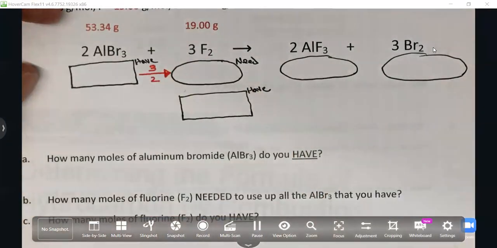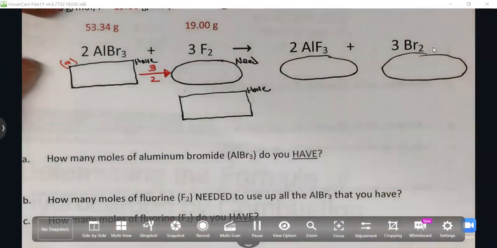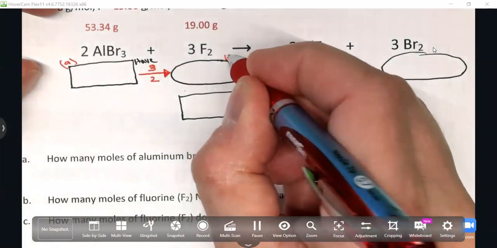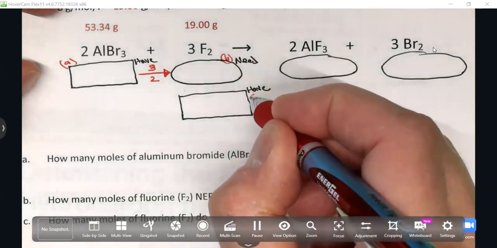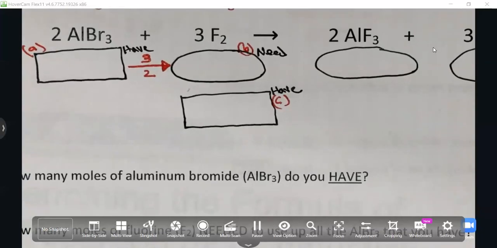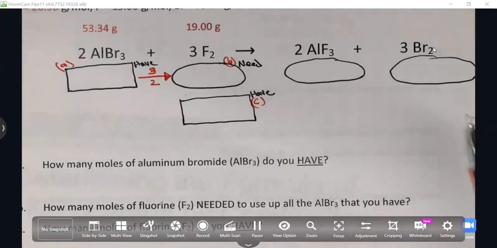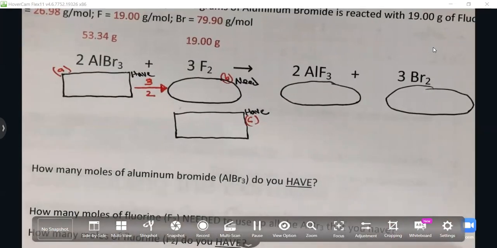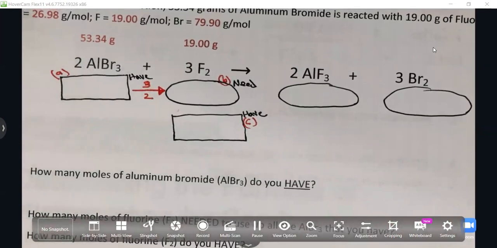This box right here is letter A, this box is letter B, and this box is letter C. In this problem, we're going to calculate everything out here. So how many moles of aluminum bromide do you have?